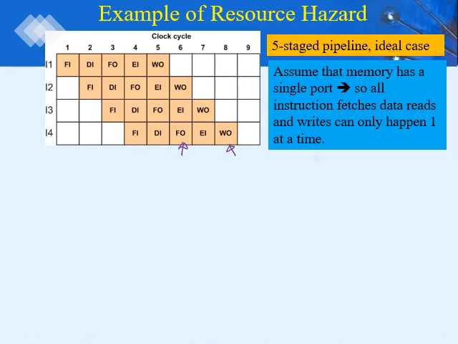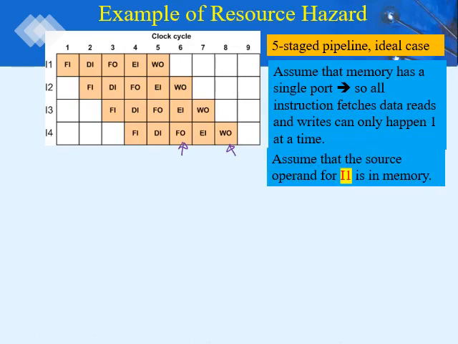In this example, we are going to assume that the source operand for instruction I1, the fetch operand stage, is in memory.